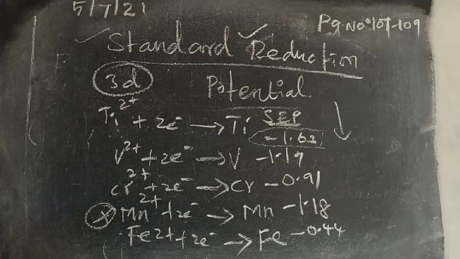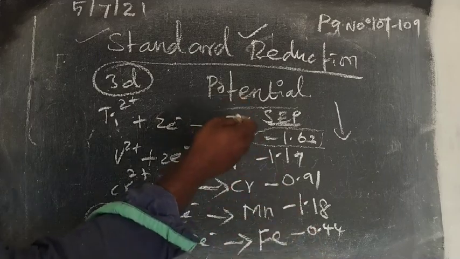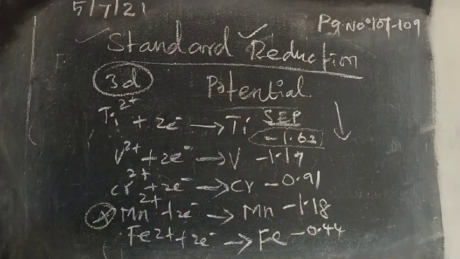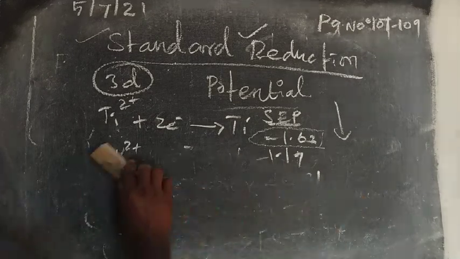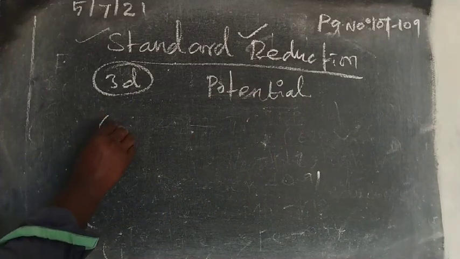Top to bottom, that means in this series from left to right, scandium, titanium, vanadium, chromium, what happens? They try to decrease their negative value. But there are exceptions. What are the exceptions? Copper, if you see, has a positive reduction potential.